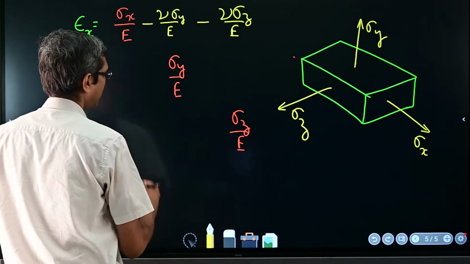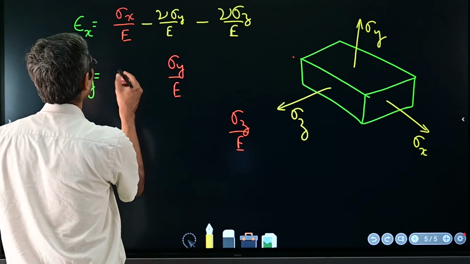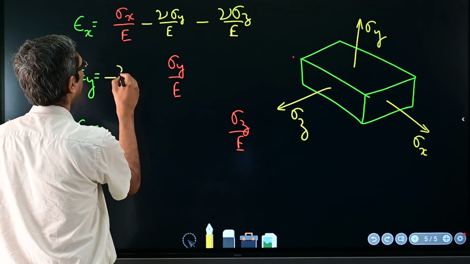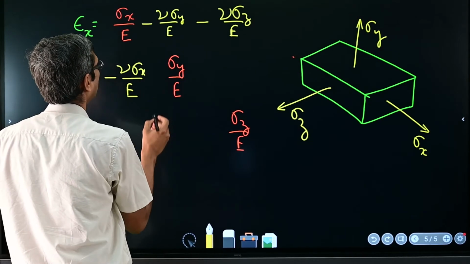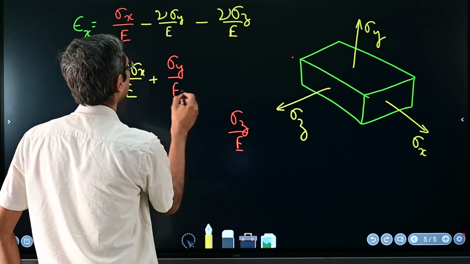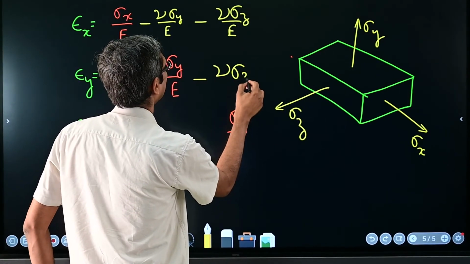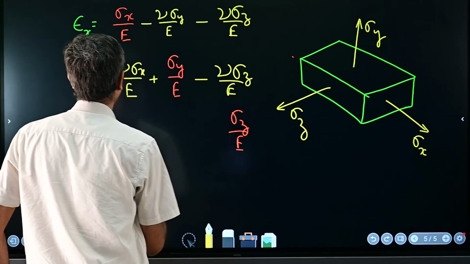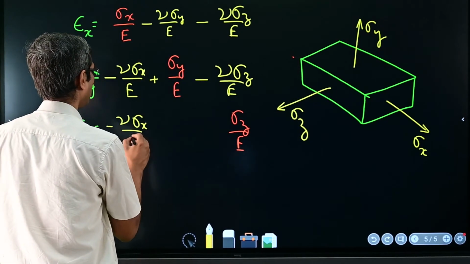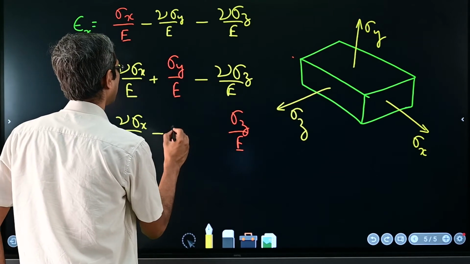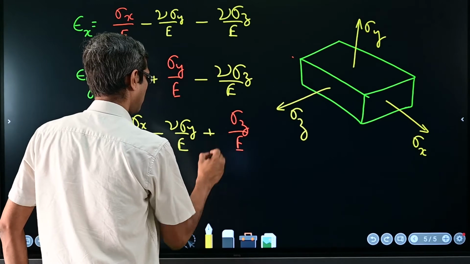In that way we can fill in the other terms: here you will have negative nu sigma x over E, plus here minus nu sigma z over E, and here negative nu sigma x over E minus nu sigma y over E plus this.